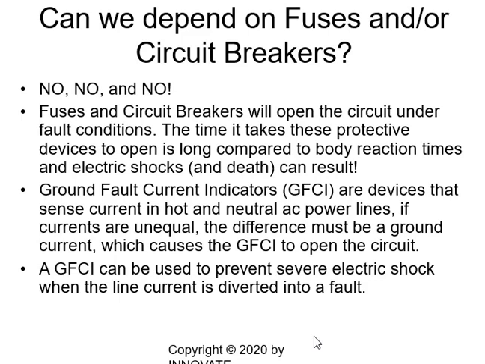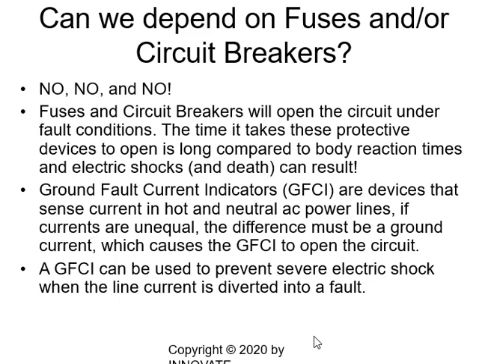However, there is something called the ground fault circuit interrupter, or GFCI. These are devices that sense current in hot and neutral AC power lines. If the currents are unequal, the difference must be a ground current, which causes the GFCI to open the circuit.